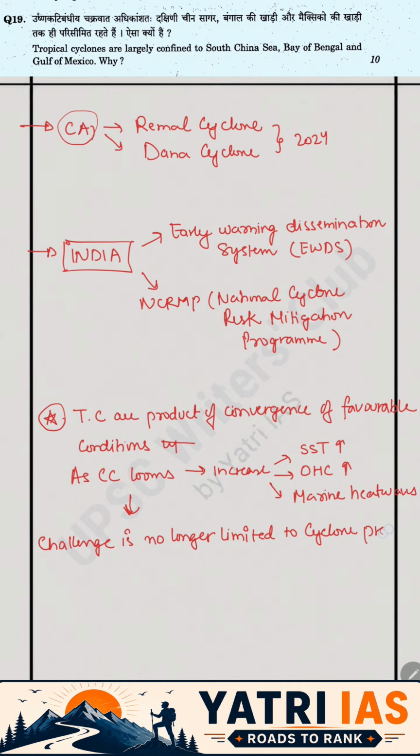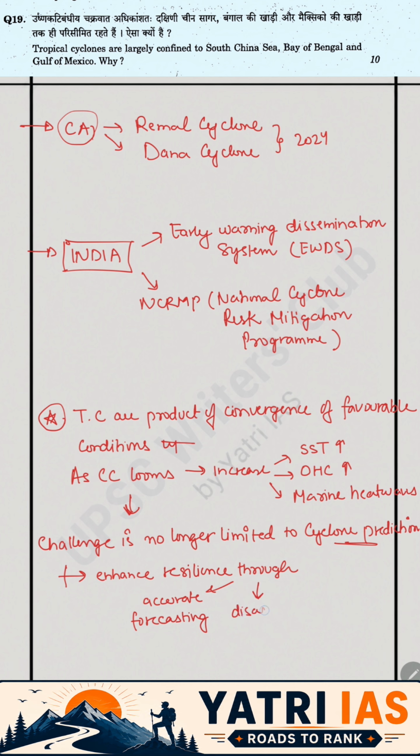cyclone prediction. Earlier we used to predict cyclones only, but now with the increasing challenge, the focus has moved from cyclone prediction to enhancing resilience through accurate forecasting, disaster preparedness, and ecosystem-based adaptation.